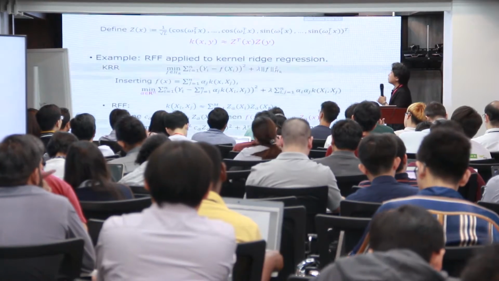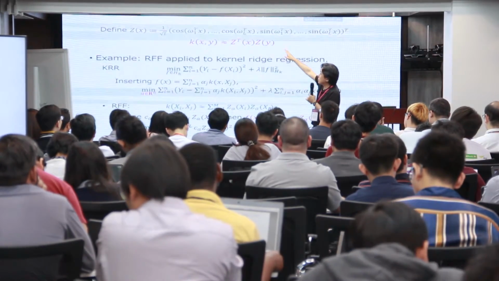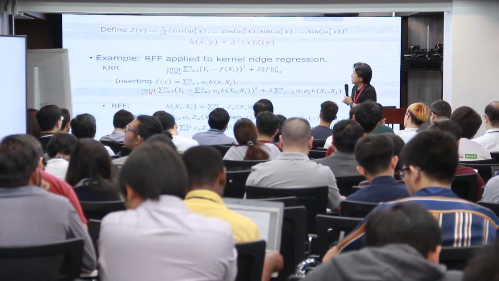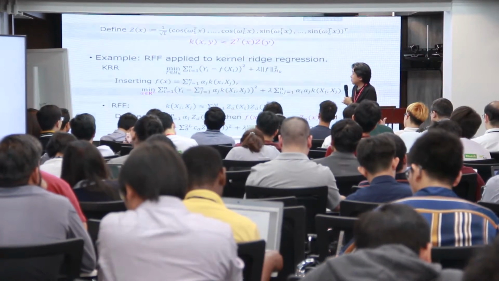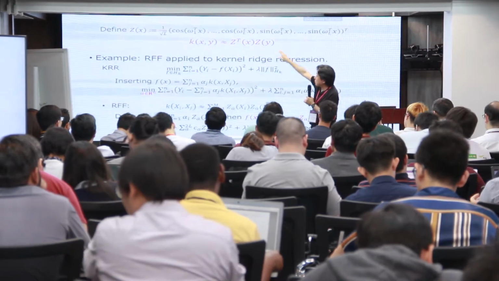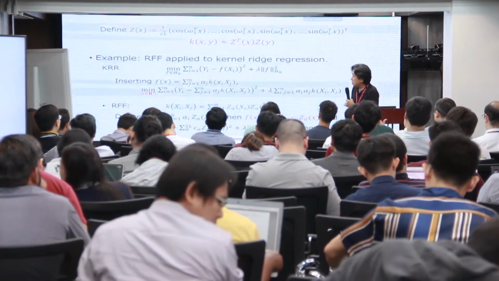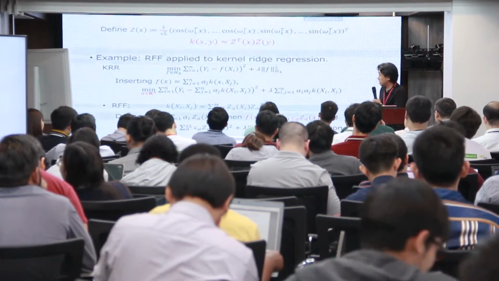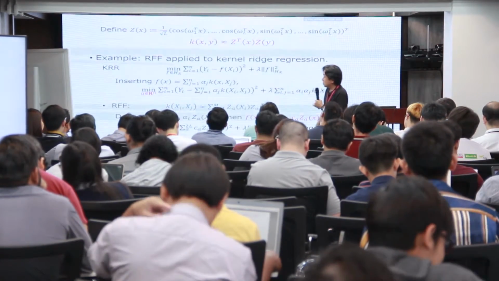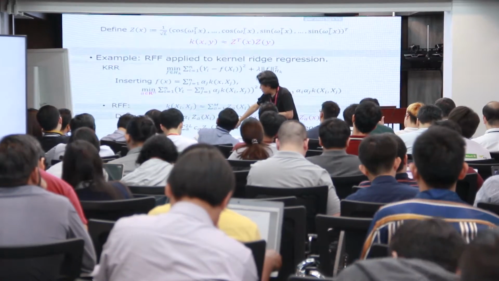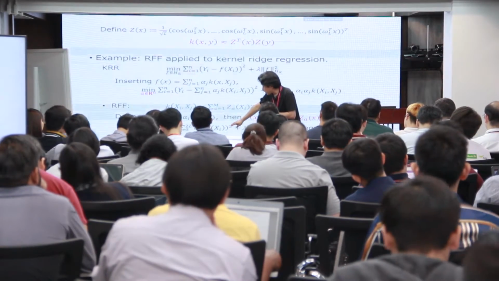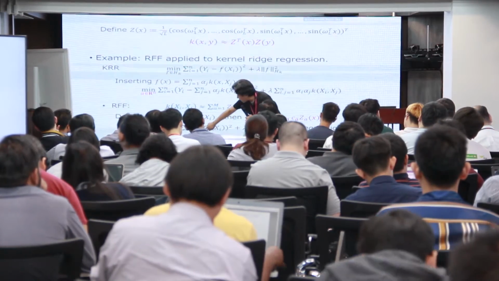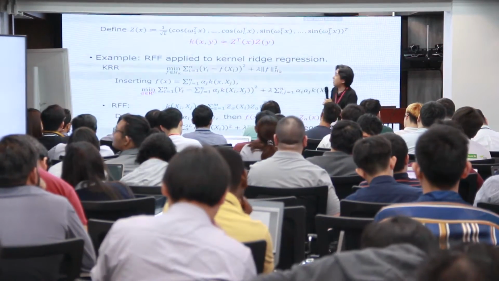And if we apply this approximation, let's say that we have kernel ridge regression. Then with this approximation, the objective function of the kernel ridge regression is reduced to the regression with the basis function given by this z function.